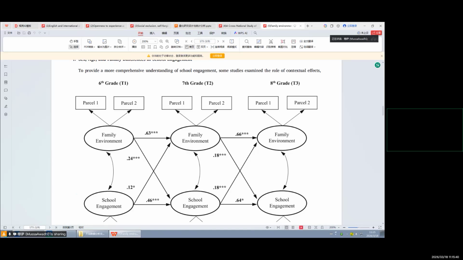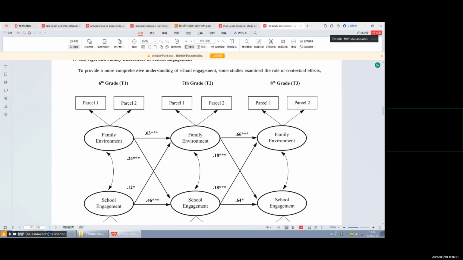It means previous family environment will positively influence later student engagement. And you can also see previous school engagement still significantly predicts later family environment, which also means previous school engagement will positively influence later family environment.